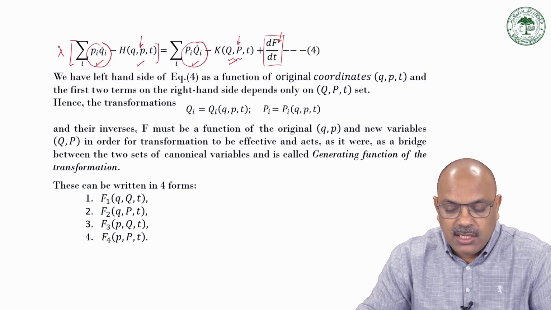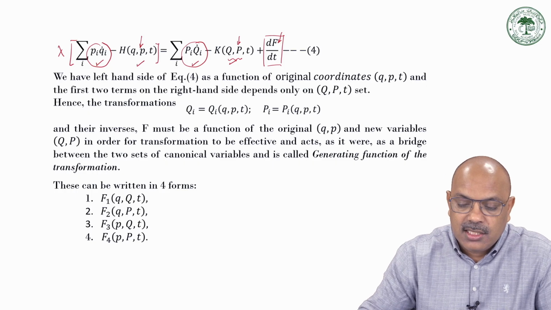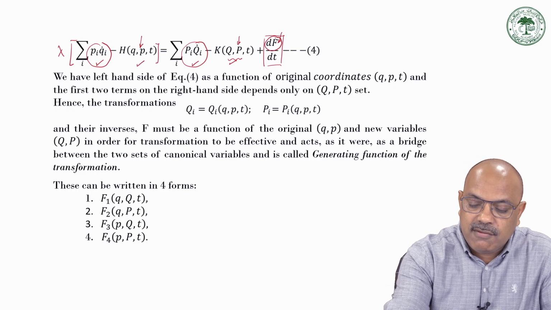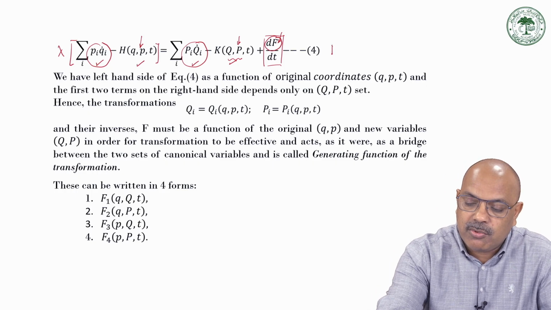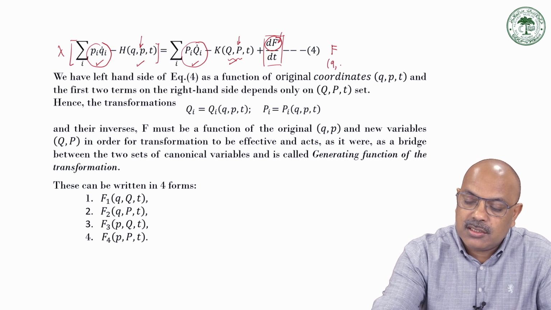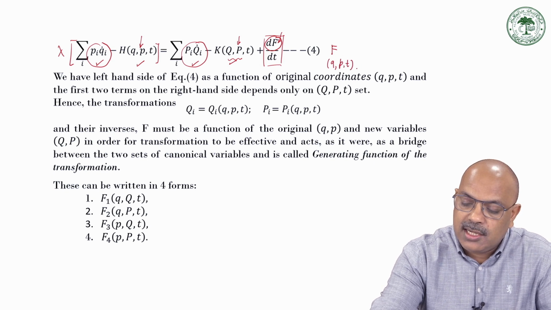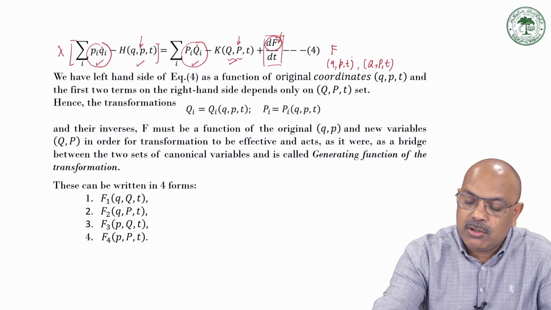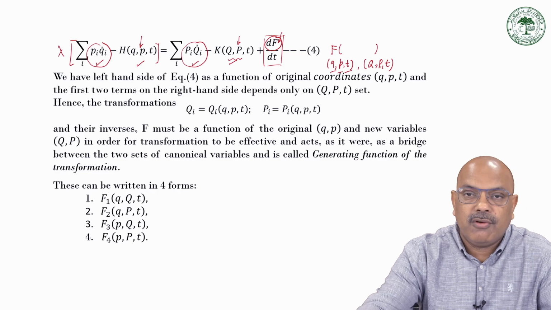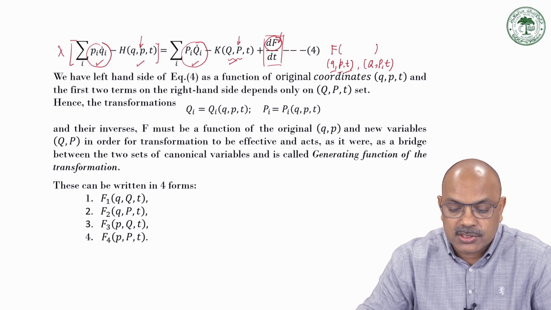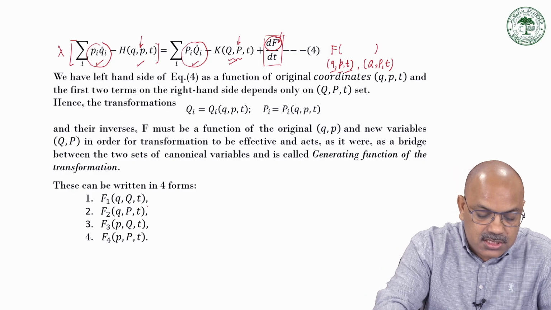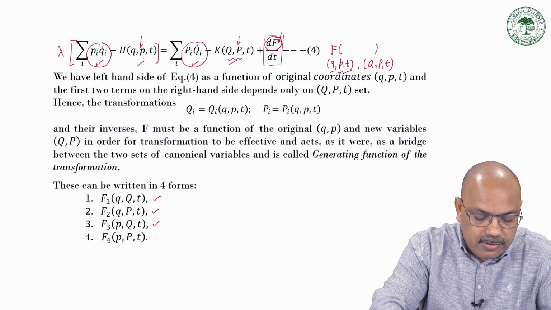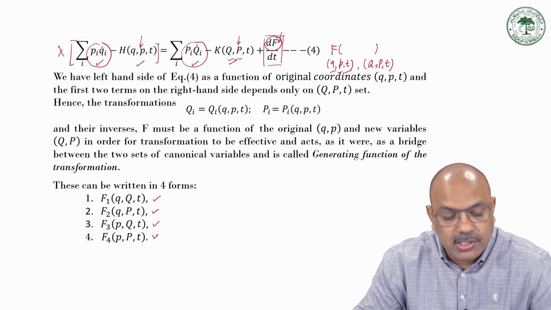Then we calculated the options for this generating function f, because f can depend on the old variables q, p and t, and the new variables Q, P and t. It depends on a combination of these new and old variables, and there we have four options: type f1, type f2, type f3 and type f4 generating functions.